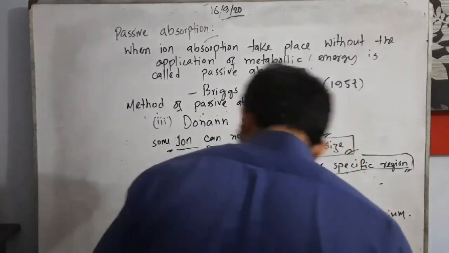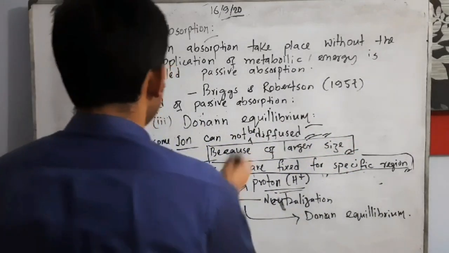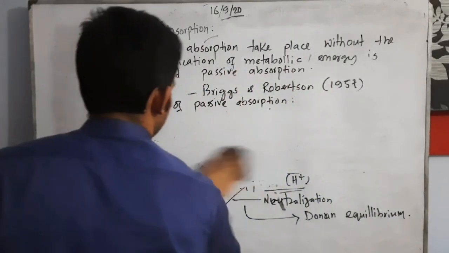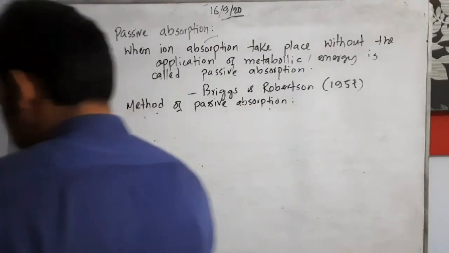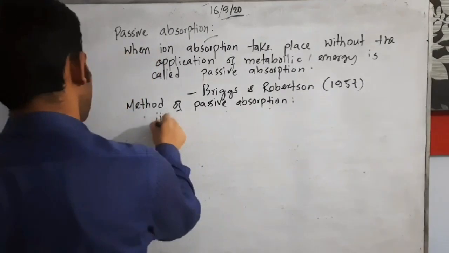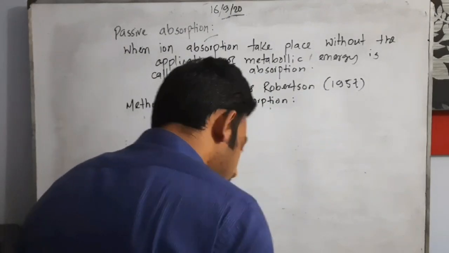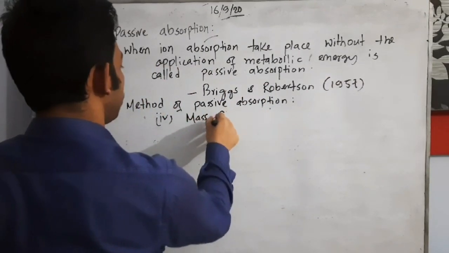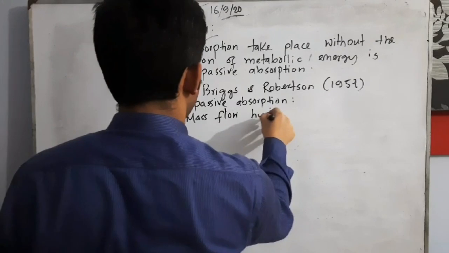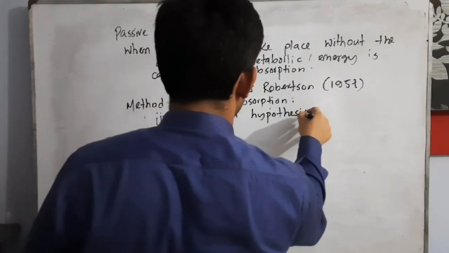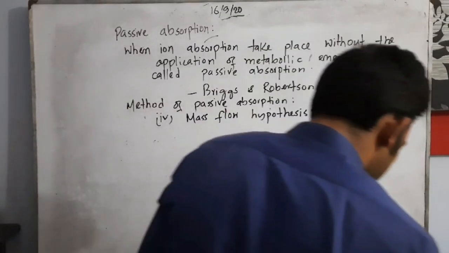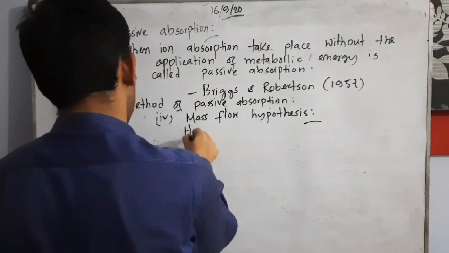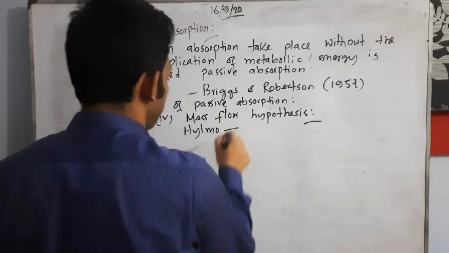And number 4, the last one, is the mass flow hypothesis. The mass flow hypothesis was actually given by Helmo.